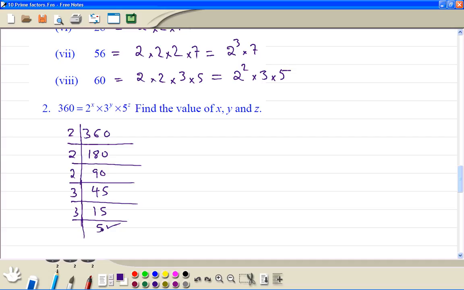Then we stop. 1, 2, 3. 2 to the power 3, 3 to the power 2 times 5. So therefore x is equal to 3, y is equal to 2 and z equal to 1.